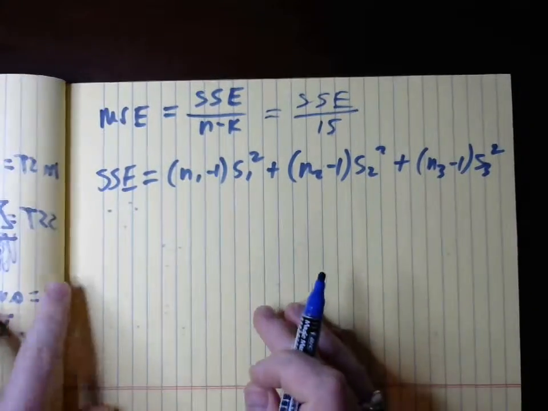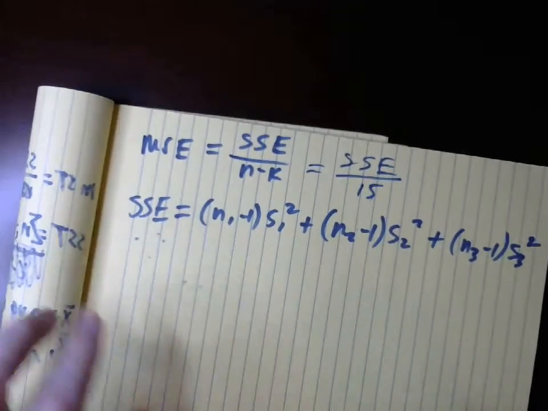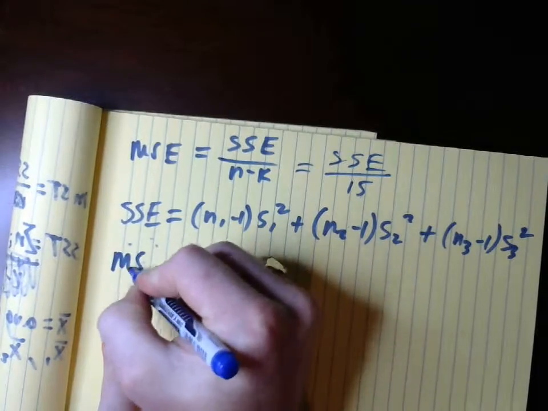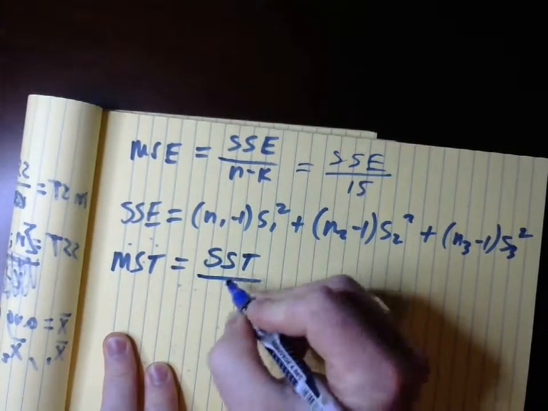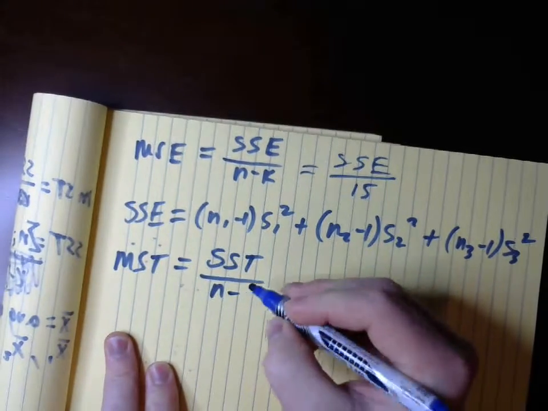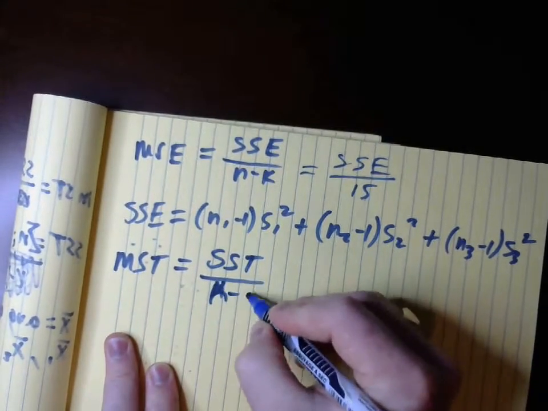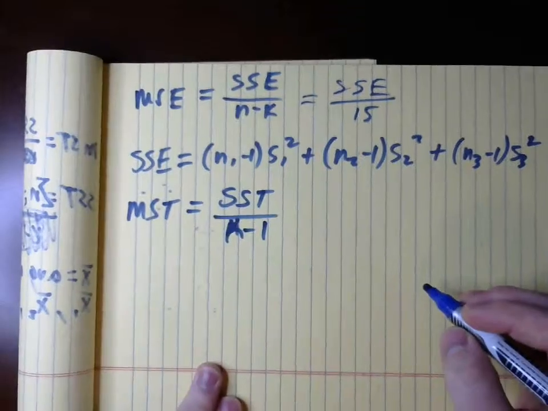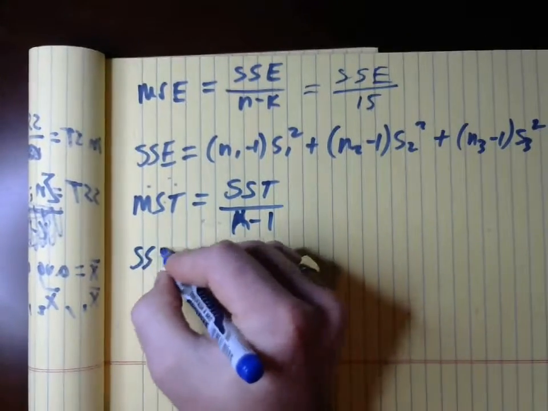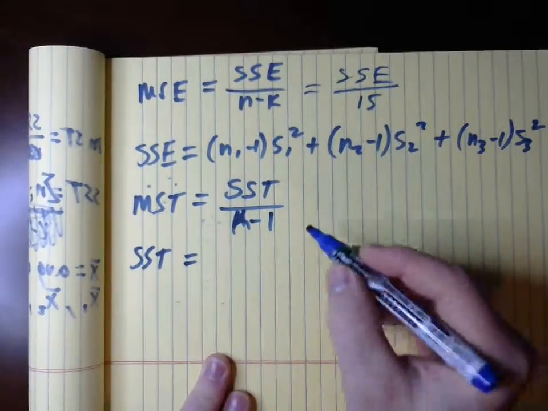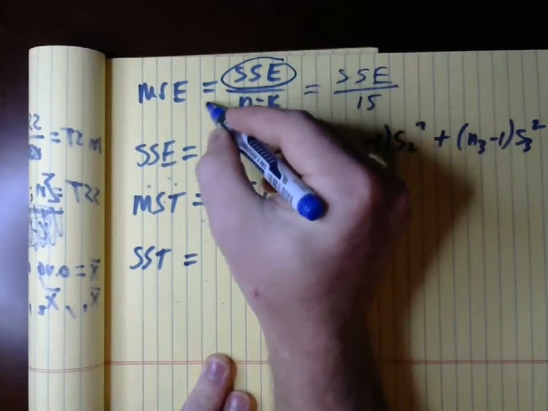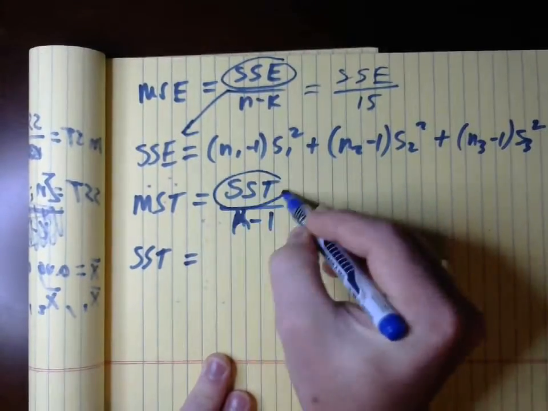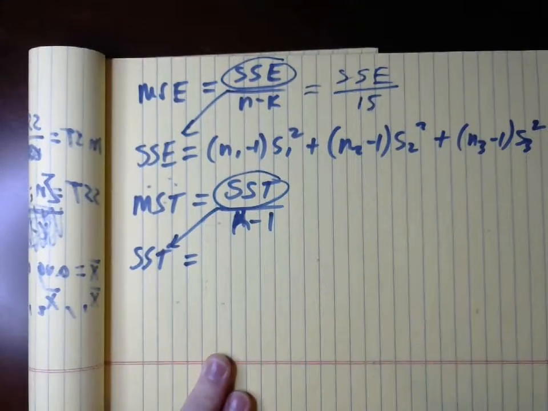Since we have more room, MST is equal to SST divided by k minus 1. And the SST is equal to, which is the numerator here. So notice SSE is what we're calculating in the numerator there. SST is what we're calculating in the numerator there.